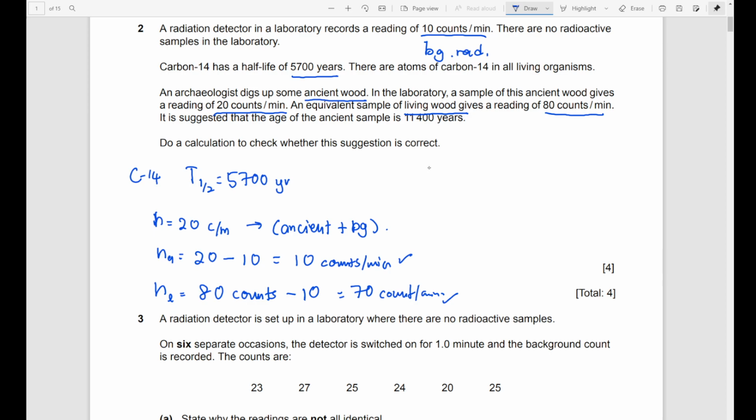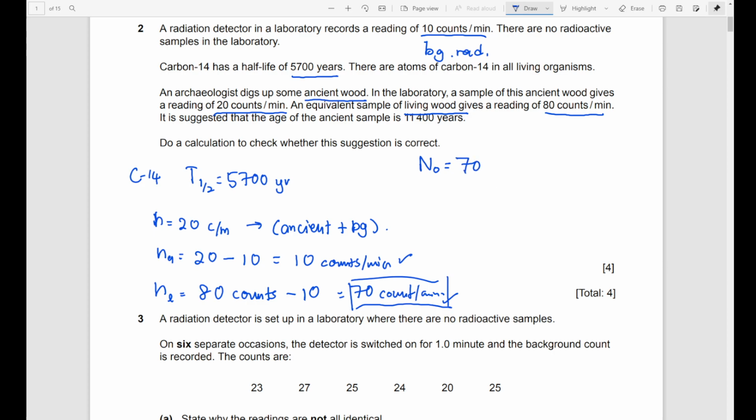When we want to investigate the age of the ancient sample, we know that when the ancient wood was still living, the count should be 70. So we can say that the initial reading should be 70.